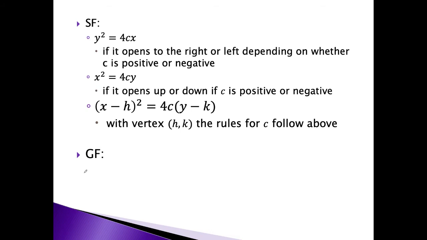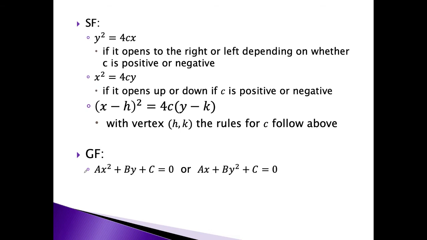Next, general form. Notice that my general form is either ax squared plus by plus c equals 0, or ax plus by squared plus c equals 0. So here, my general form depends on whether I'm oriented left or right. You should also know that I only have one squared term.